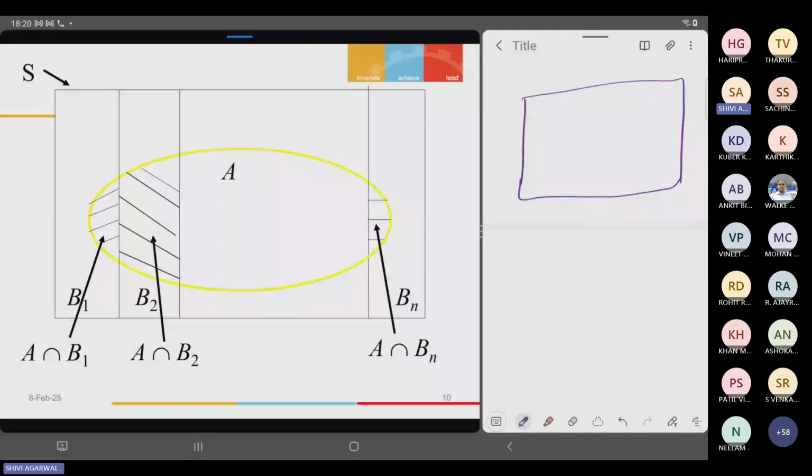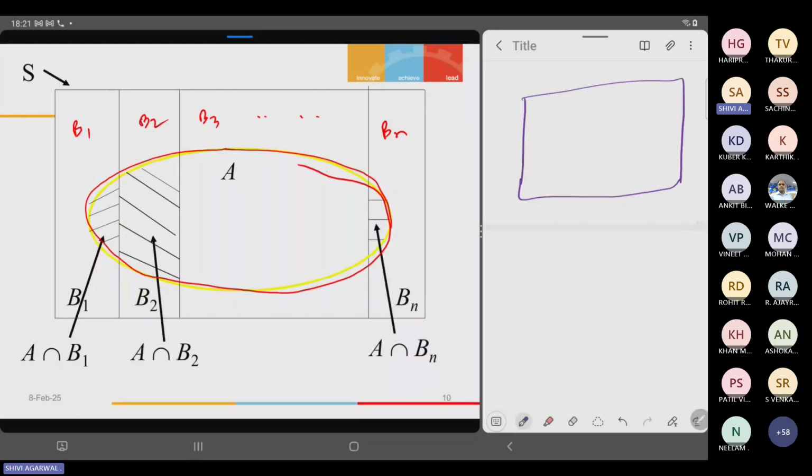These are the events B1, B2, B3, and so on up to Bn. And now you can see we are making one event A.